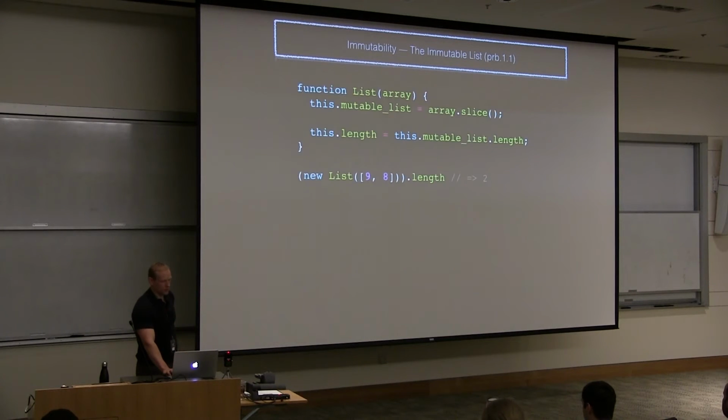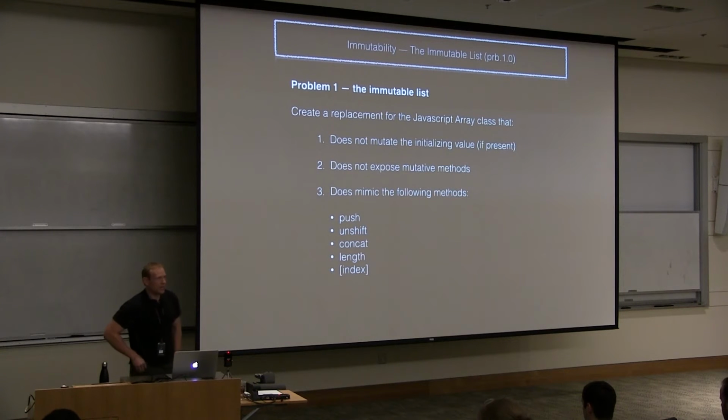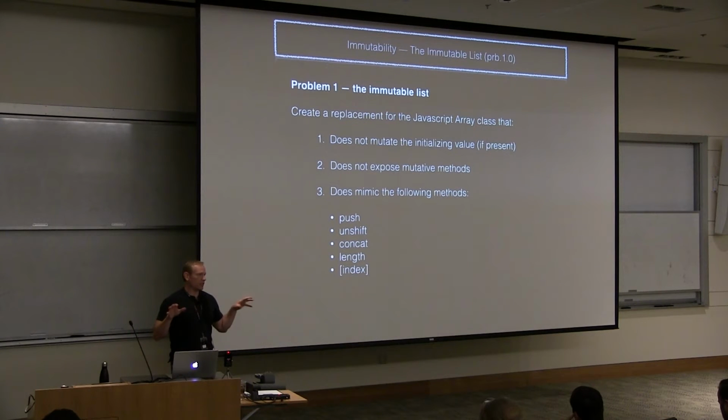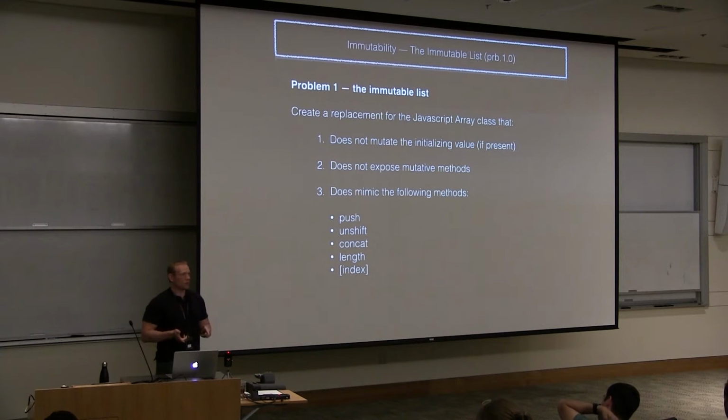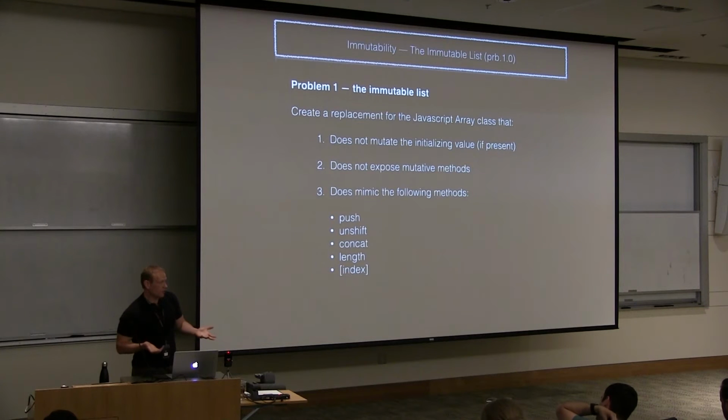So now, let's go back here. And here's the chance where we actually get to work in groups. I'm going to wander around to make sure everybody's doing well. But get together in your groups. I see 4 here. I see like 5 there. Try to work through this problem. I'd like you to create a list that will have these functions: push, unshift, concat, length, and index. When we're done with this, we'll move on to the next task. And you'll be able to say, for some of you for the first time, I made an immutable object. Nobody can change that thing.